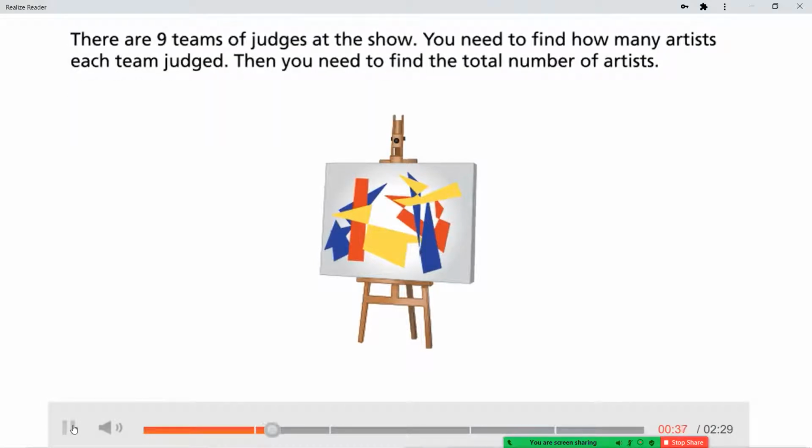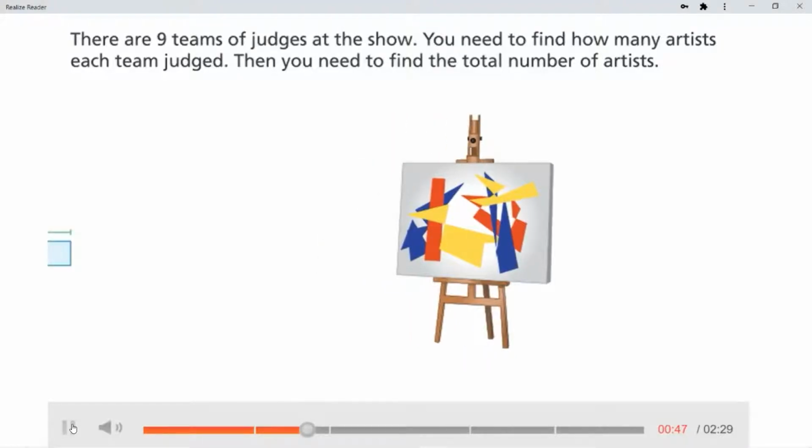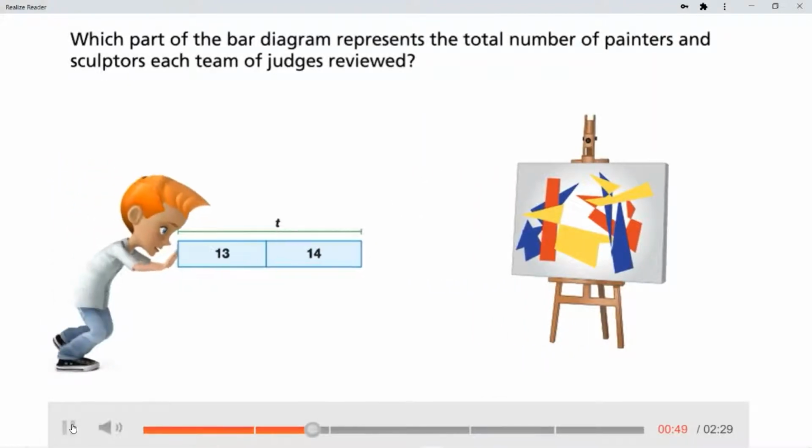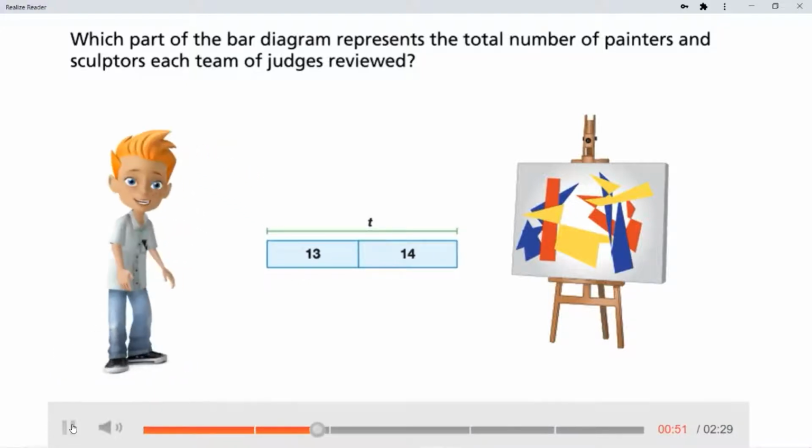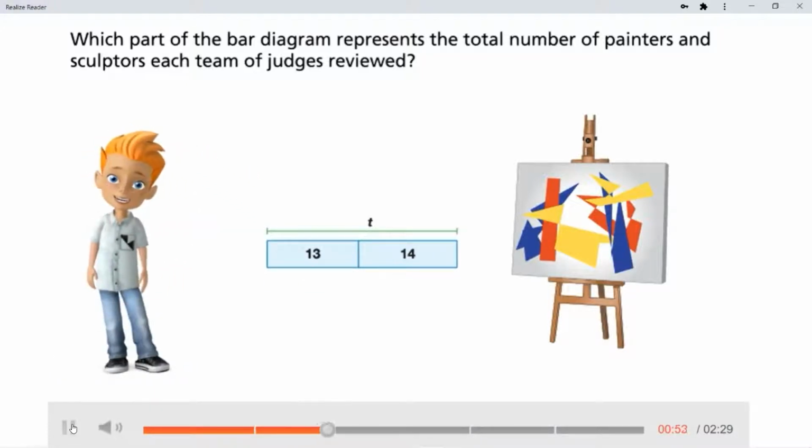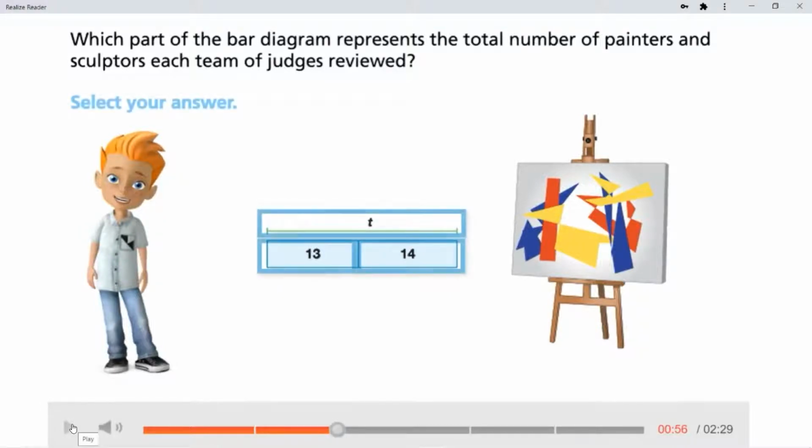There are 9 teams of judges at the show. You need to find how many artists each team judged. Then you need to find the total number of artists. Which part of the bar diagram represents the total number of painters and sculptors each team of judges reviewed? Select your answer.